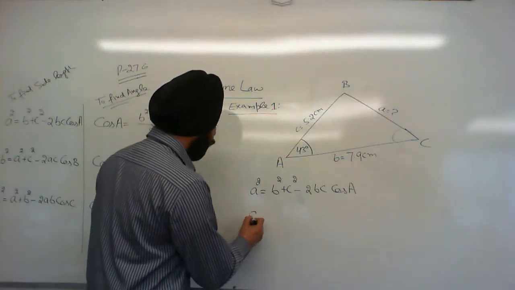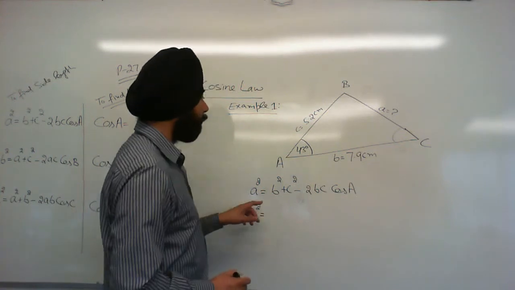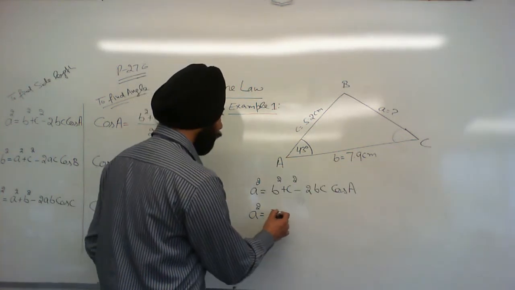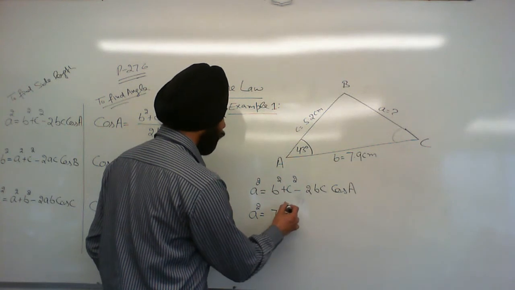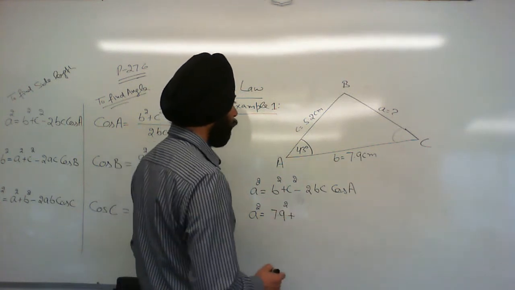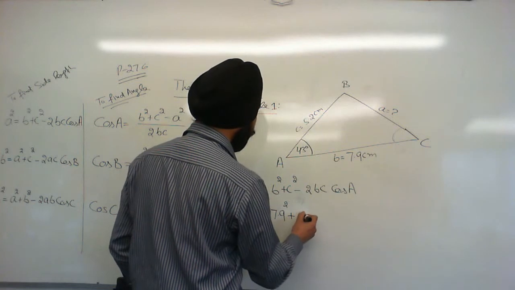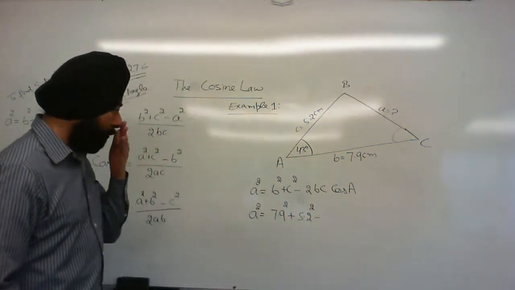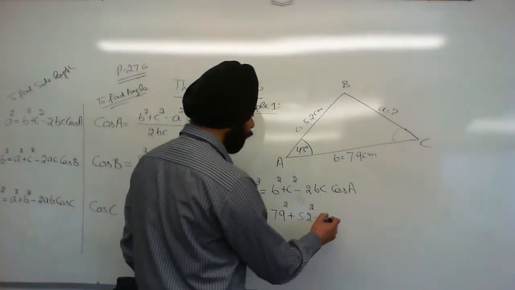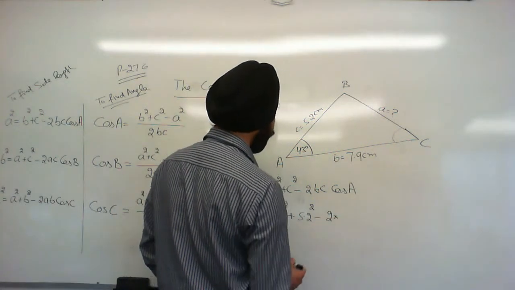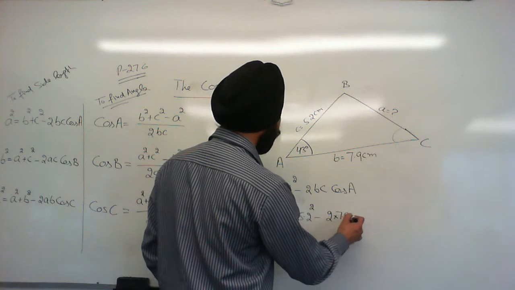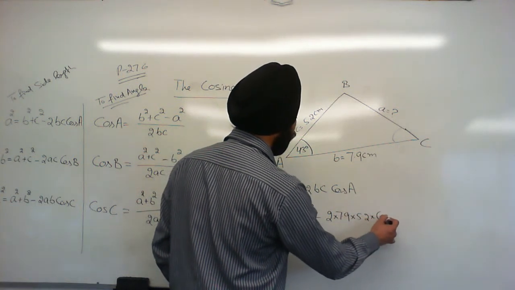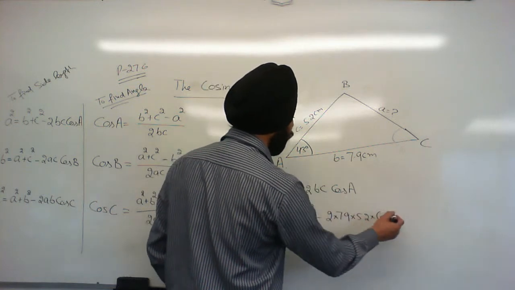A square is equal to 7.9 square plus 5.2 square minus 2 times 7.9 times 5.2 times cos of angle A, 43.